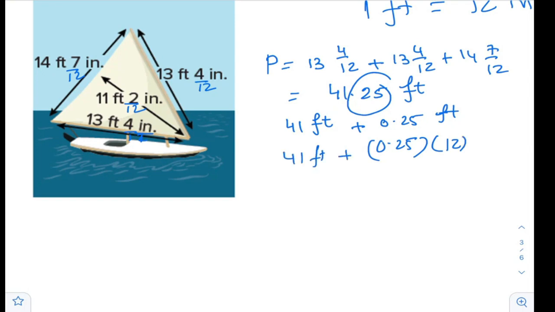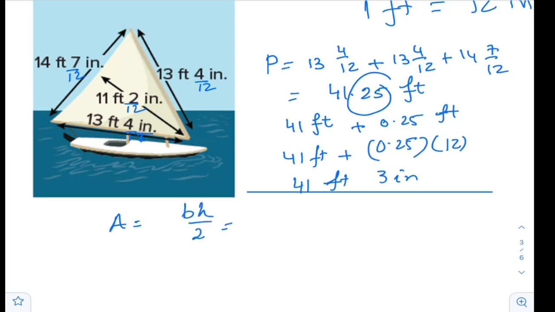So it is 41 feet, and 1/4 of the 12 is 3 inches. This is the perimeter. Now, area is half times base times height, or base times height over 2.